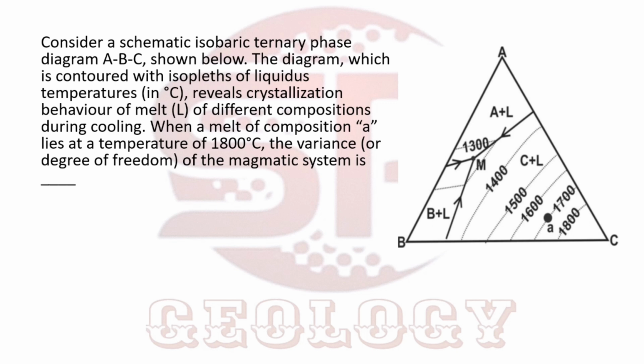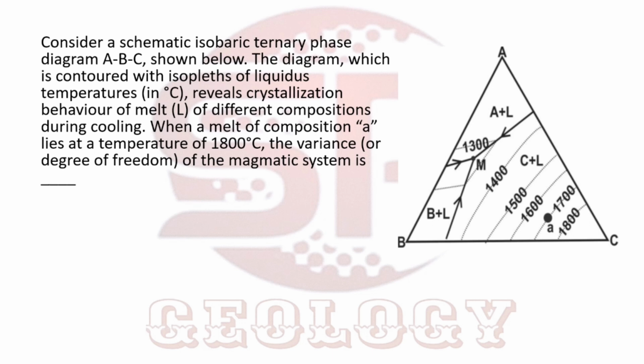So when a melt composition of A lies at a temperature of 800 degrees, what is the variance or degree of freedom of the magma system?